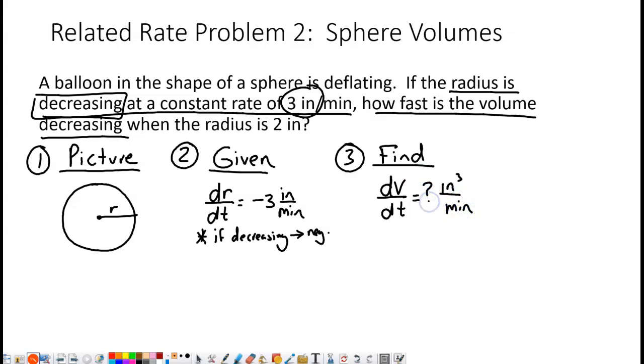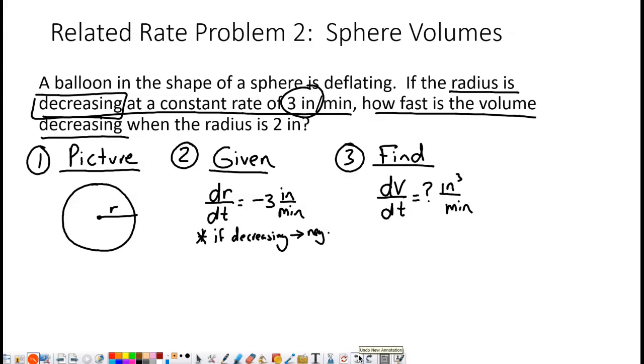So I'm wondering what is the rate of change of the volume with respect to time. Now, if the radius is decreasing, I would expect the volume to be decreasing as well. That means when I'm all done, I should expect to see a negative number here. If I don't, something's wrong. But there's our first 3 steps.